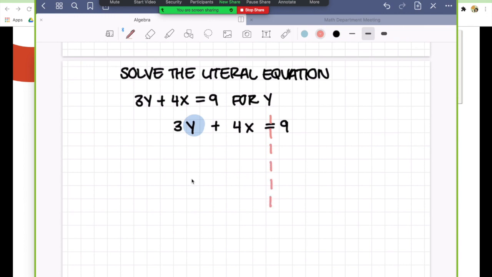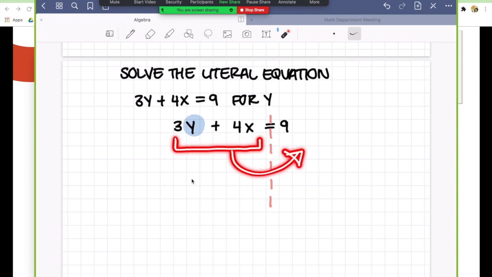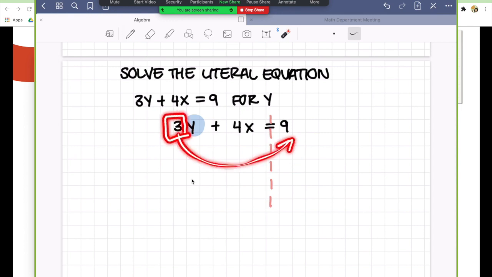Anything on the side of the y, I want to move to the right side of my equation. That means I want to move that 3 to the other side. I also want to move the plus and 4x to the other side as well. Anything that is next to the y, I want to move to the other side. And by doing this, I am isolating my y.